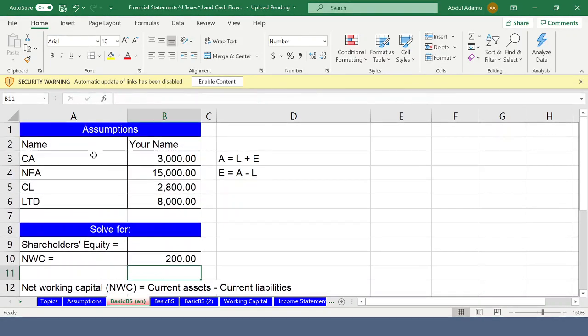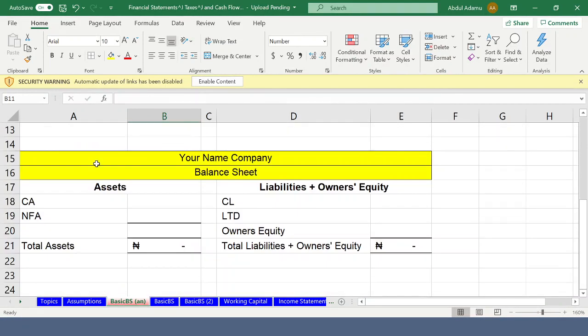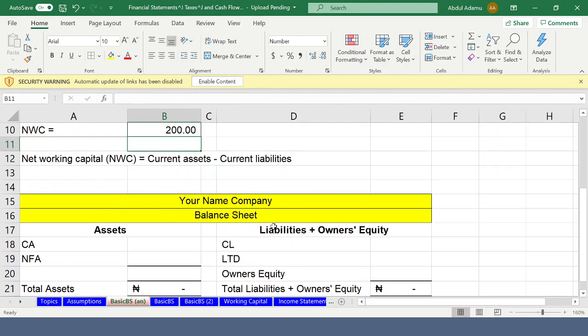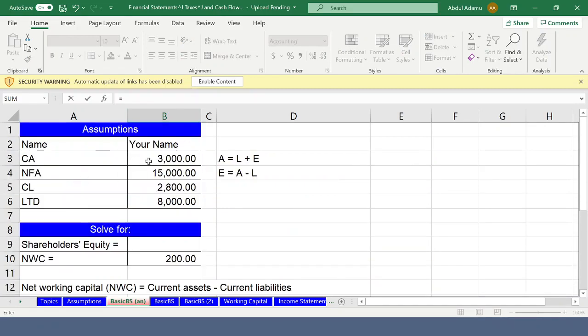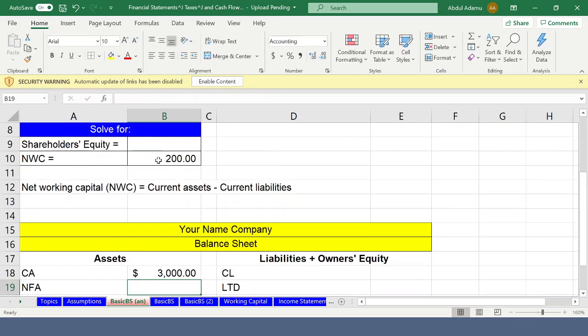So we want to use this information here to do the balance sheet. Like we say, the balance sheet is a snapshot of the position of the firm at a particular point in time. So current asset is equal to 3,000.